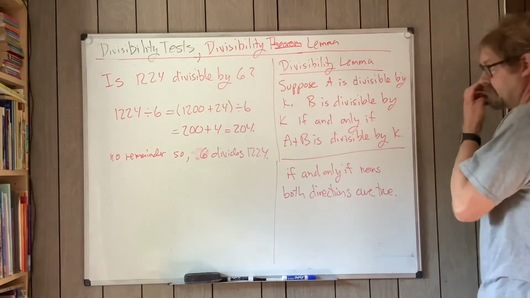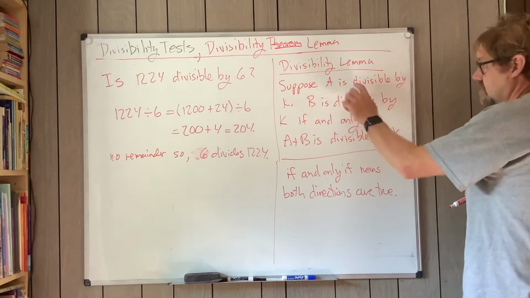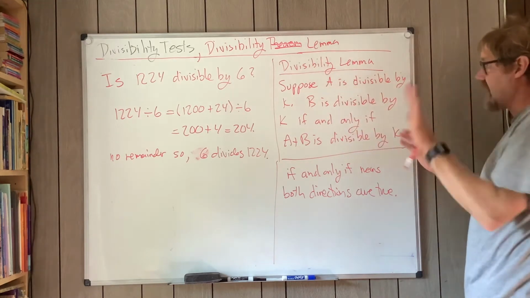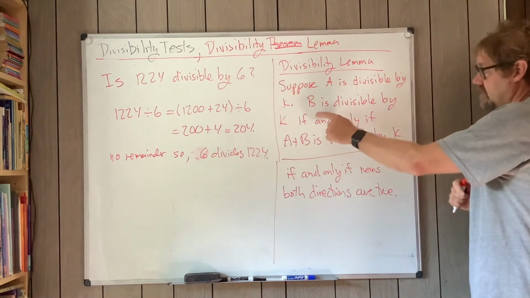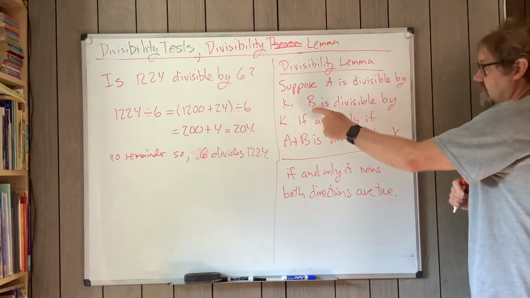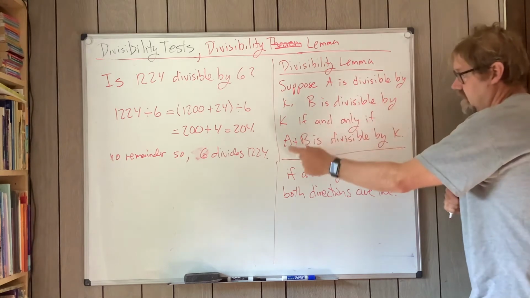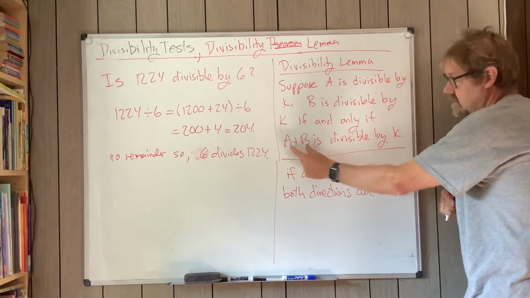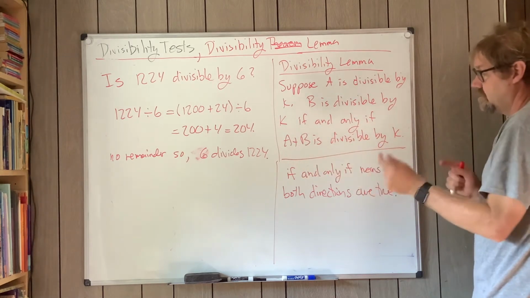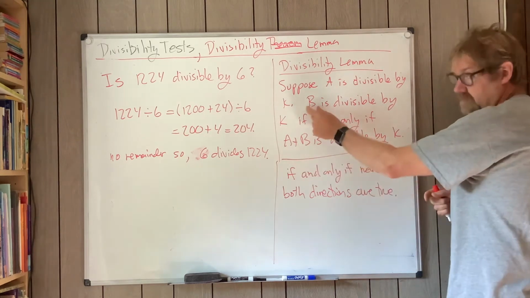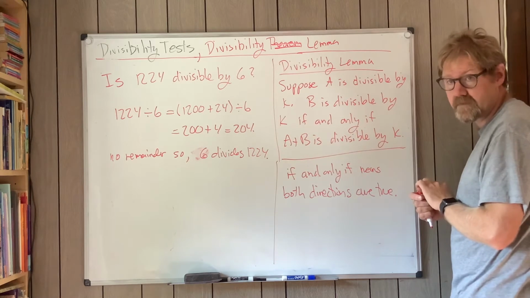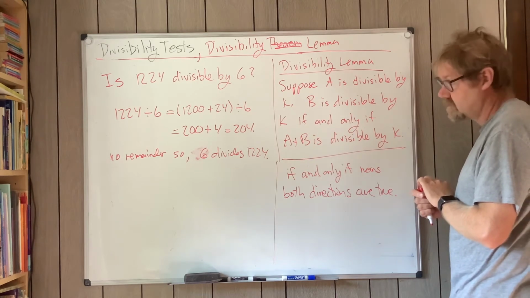The first statement is just a fact: A is divisible by K. What we're saying is, if B is divisible by K, then the sum is divisible by K. But we also have the reverse direction, meaning if the sum is divisible by K, then B is divisible by K. All right.